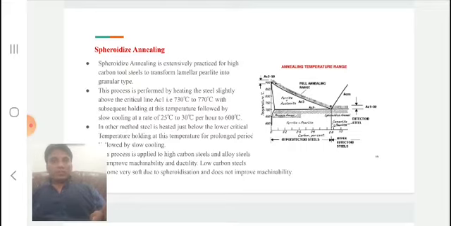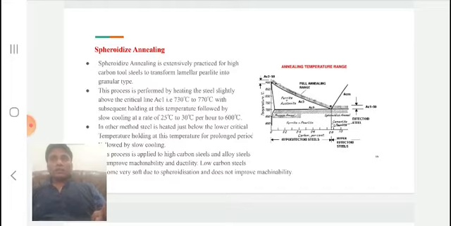In the previous video sessions, I discussed the full annealing process and subcritical annealing process, and also the TTT diagrams and continuous cooling transformation diagrams, and the difference between the TTT and CCT diagrams, and the need for the heat treatment process and different types of annealing.